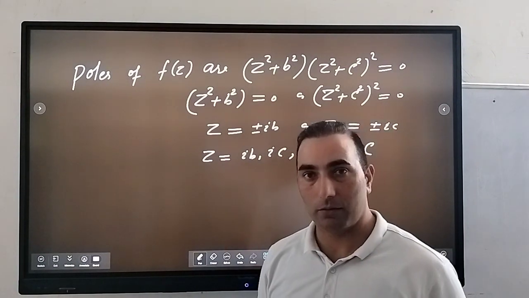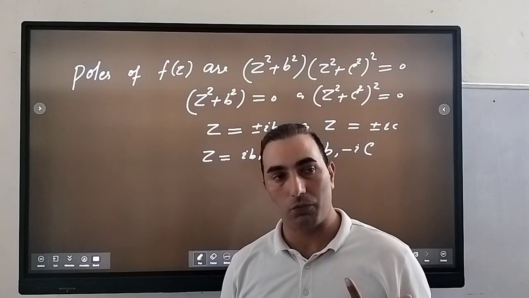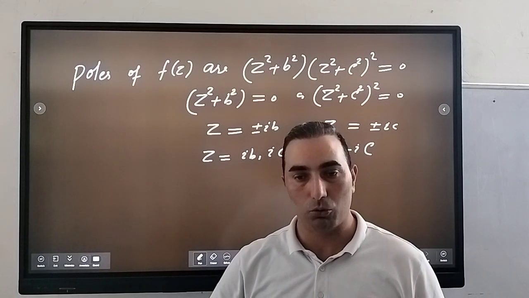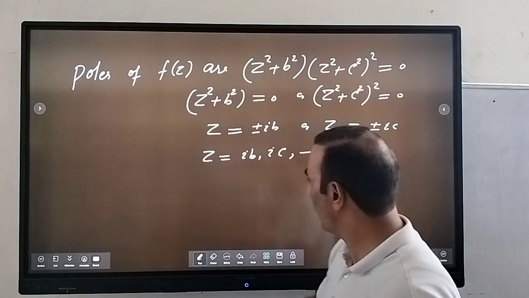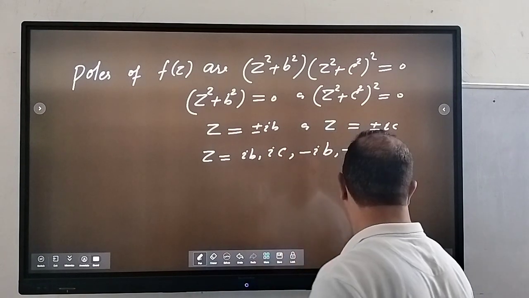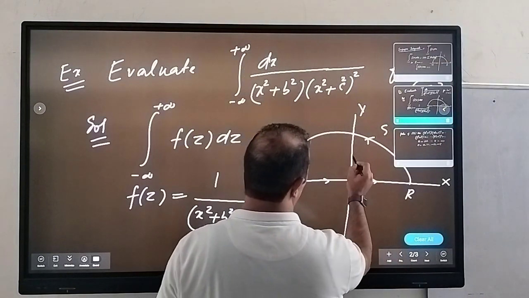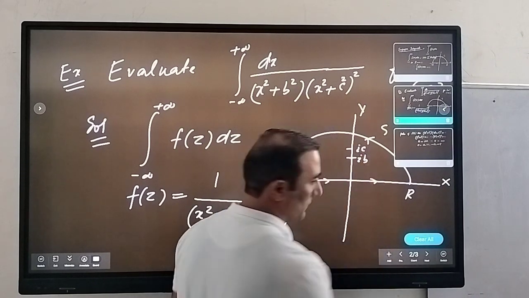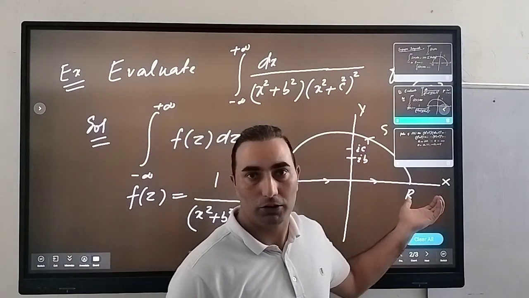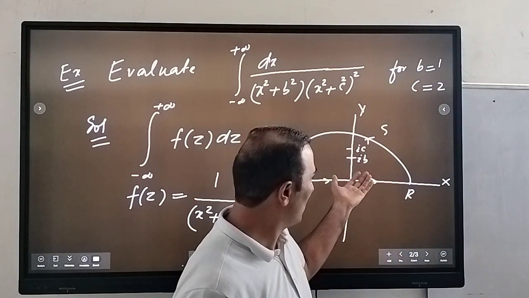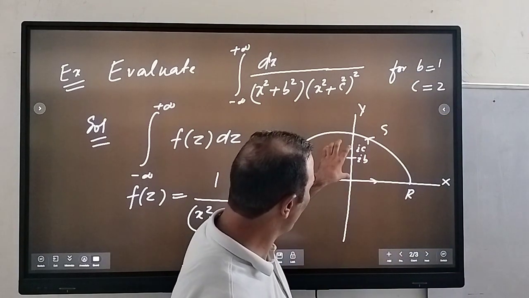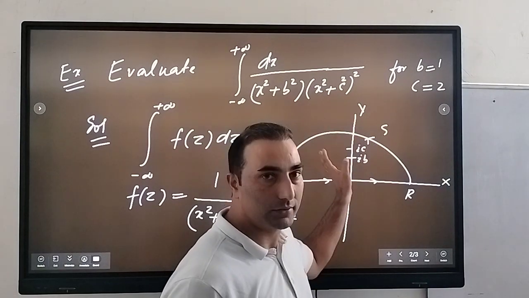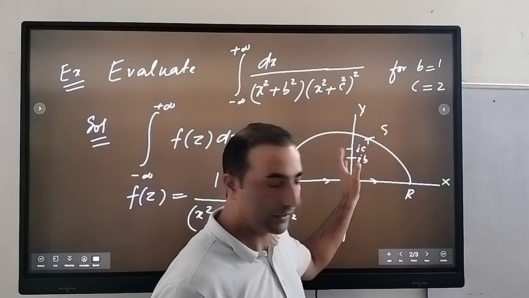So first of all we need to check which pole will lie above this real axis. So we can have z equal to plus iota b and plus iota c. So it may be somewhere here. It can be iota b or iota c, depending upon the value of c. It's purely a constant, but you can have these poles which lie within this semicircle, right?